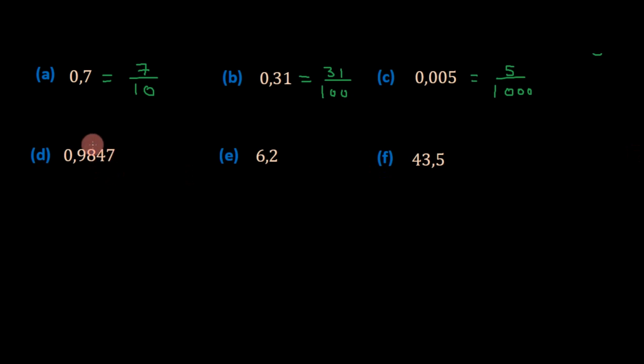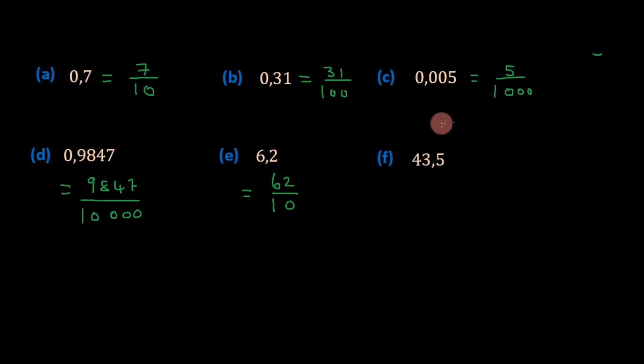In this case, we have 4 digits behind the comma. So it's going to be 9847 divided by 1 with 4 zeros. In other words, by 10,000. We have 1 digit behind the comma. So it's 62 divided by 1 with 1 zero.